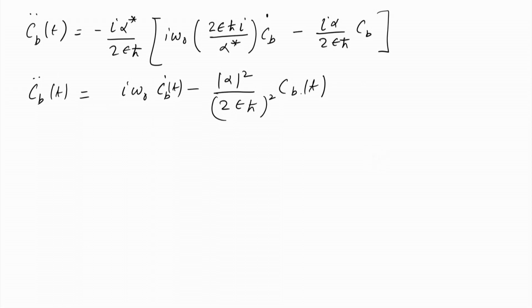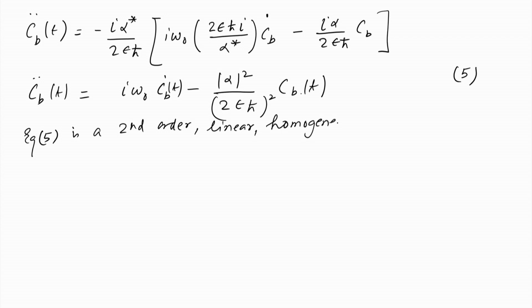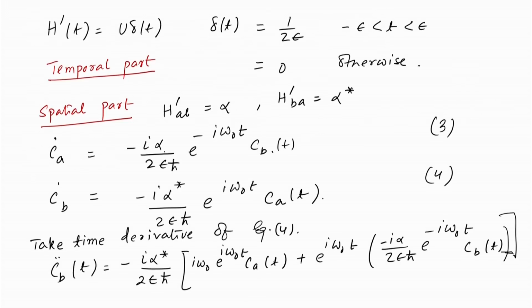So, this equation, if we call it equation 5, is a second order linear homogeneous differential equation for C_b of t, and one can try out a solution.